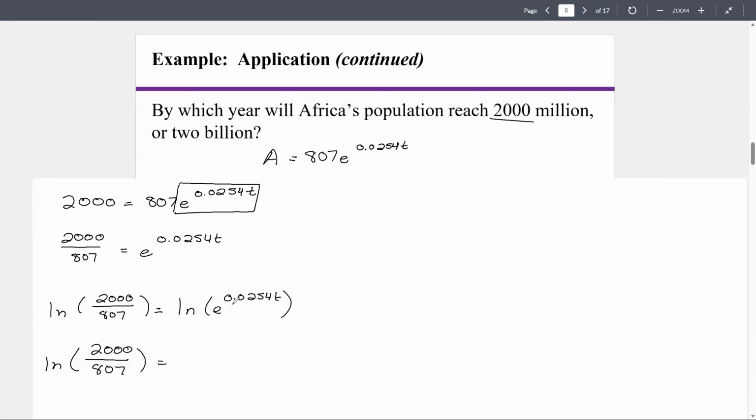Remember, what gets left behind is just that exponent, 0.0254 t. Eventually we're just going to skip this step and go from here to here. So t is just the natural log of 2,000 divided by 807, all of that divided by 0.0254.